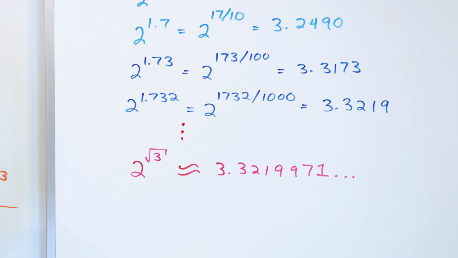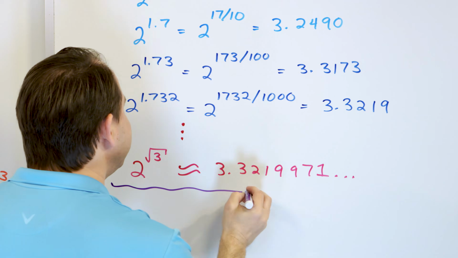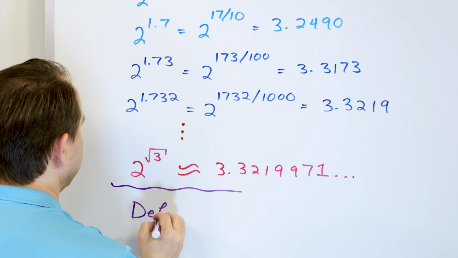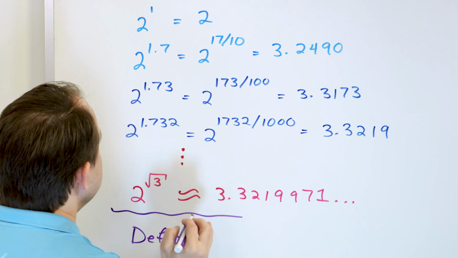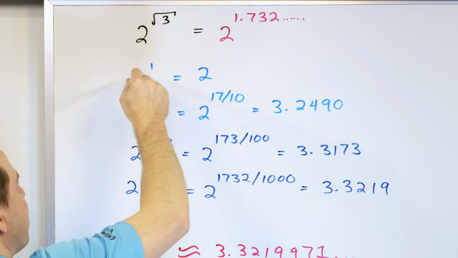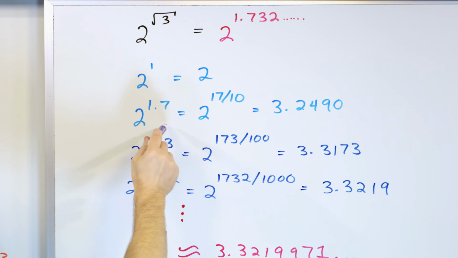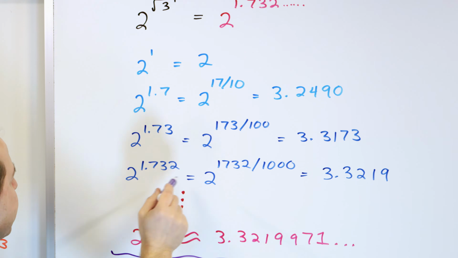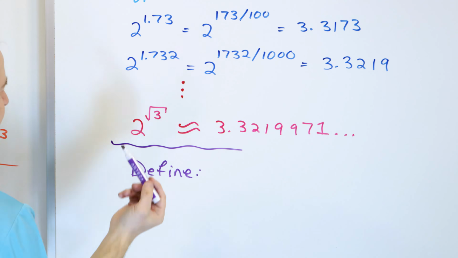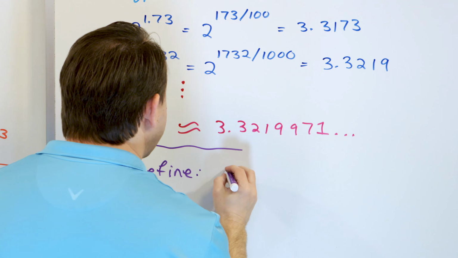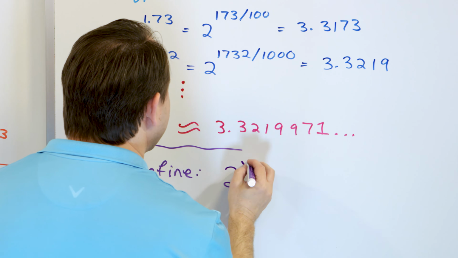So what you can do, and this is the part where the calculus comes into it, you can define... Notice we took successive approximations: 2 to the first, 2 to the 1.7, 2 to the 1.73, 2 to the 1.732, 2 to the, this is the exact thing we're trying to find. You can define something called 2 to the power of x.